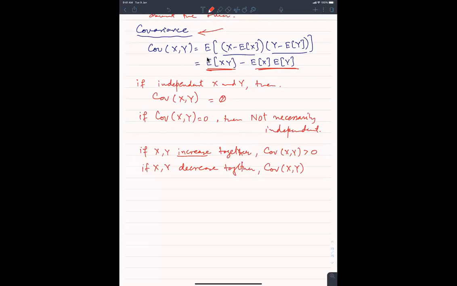It can't be zero, it is also greater than zero. If x and y increase together or decrease together, then the covariance between the two will be greater than zero.